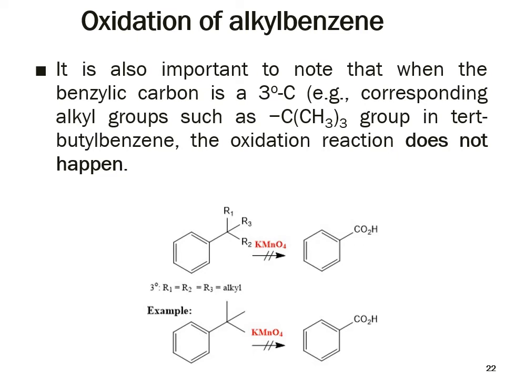So this reaction simply does not happen. There must be a hydrogen atom which can be replaced by the corresponding oxygen atom on this benzylic carbon. If there is no hydrogen atom on this benzylic carbon, this oxidation with the potassium permanganate cannot simply happen.